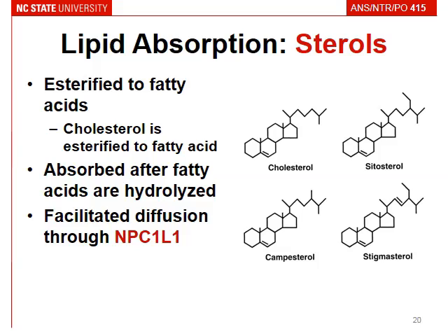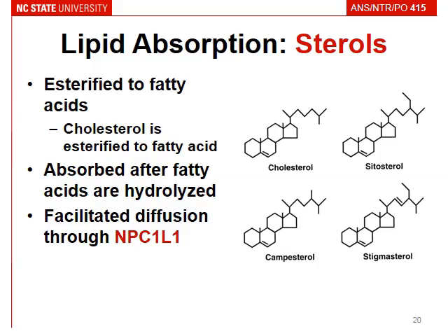Not really all that critical to know, but this is how we're controlling the amount of cholesterol that we absorb. We're able to upregulate and downregulate this transporter based off of our diet. So if we have a significant amount of cholesterol in our diet, we're going to downregulate the expression of NPC1L1.